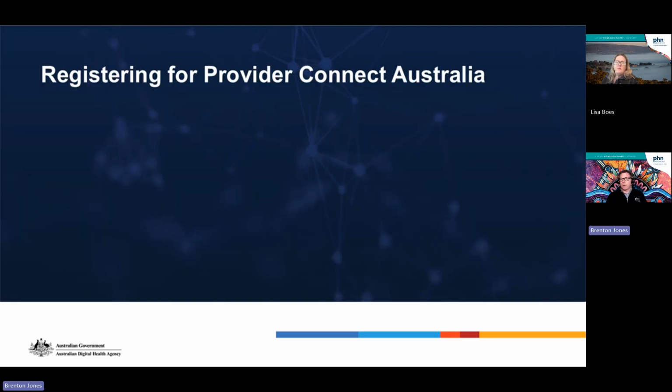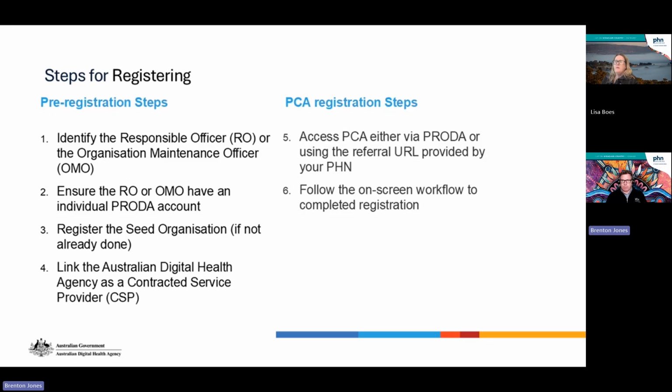Okay, so registering for Provider Connect Australia. Let's put some meat on the bones. So the steps for registering: pre-registration, and then the registration itself. So as I mentioned before, who is your responsible officer, organisation, or maintenance officer? Now, the other way to look at this, by the way, as you'll see as we get into the registration process, is the management of data in PCA can be delegated by the owner or directors of the business itself.